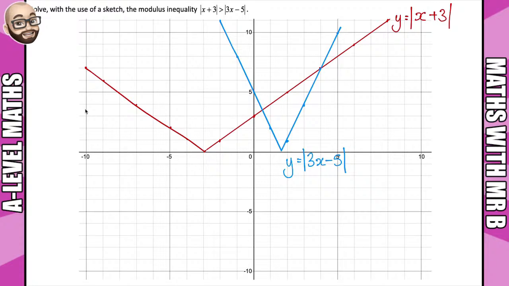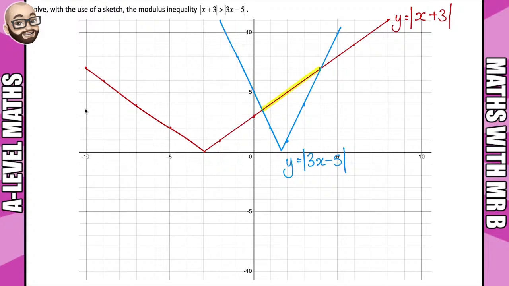So we want the modulus of the x + 3 graph to be bigger than the modulus of 3x − 5. In other words, in terms of colours on screen, we want the red line to be above the blue line. And we can hopefully see that that occurs along that yellow stretch there.